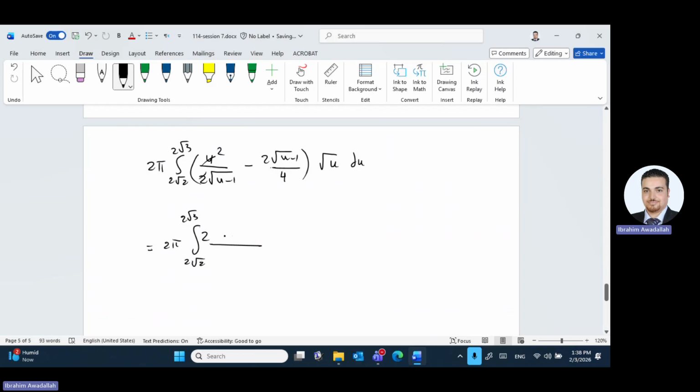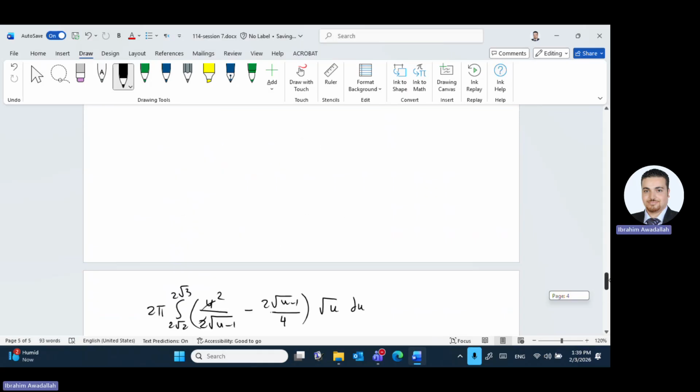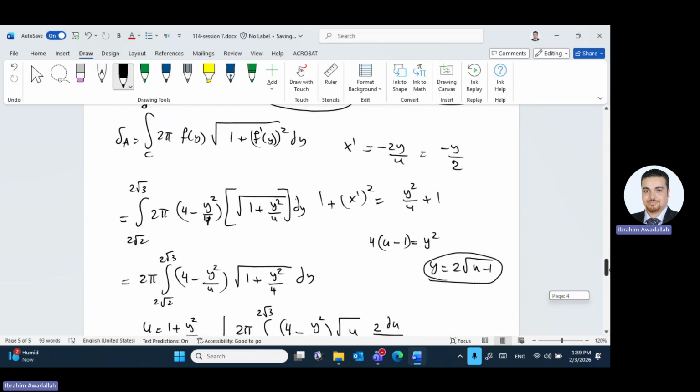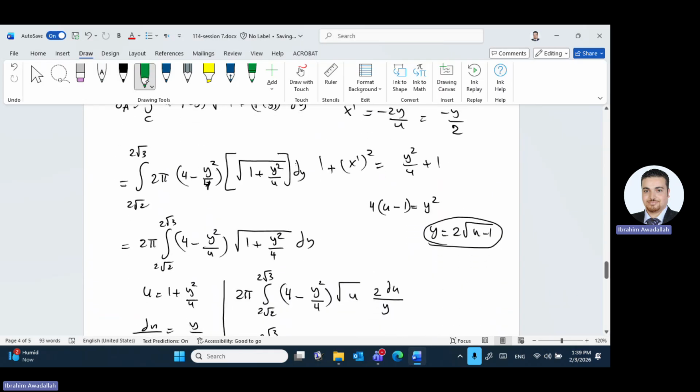And here we have 1 root of u, and here root of u minus 1, minus 2 will be down, and the root of u and u minus 1 here. We should complete this, or to avoid that and save time, we can write this one in the calculator.